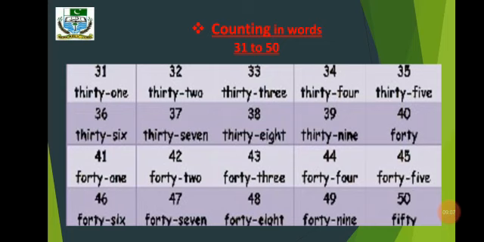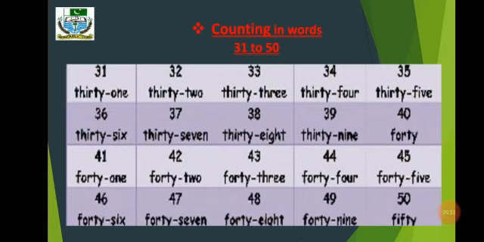Now we will learn about counting in words 31 to 50. This is 31. THIRTY 30, ONE 1, 31. THIRTY 30, TWO 32. THIRTY 30, THREE 33.